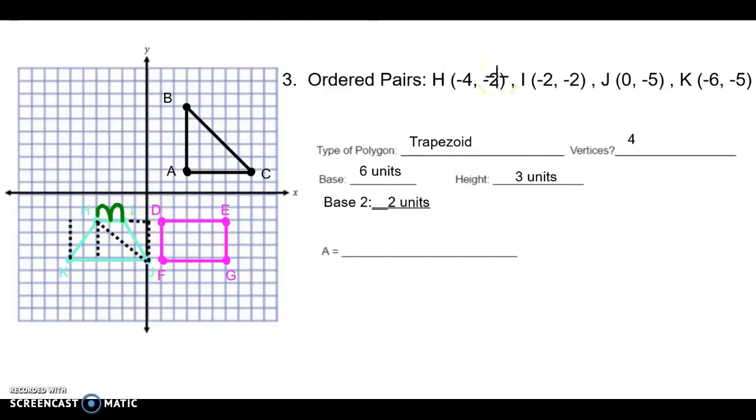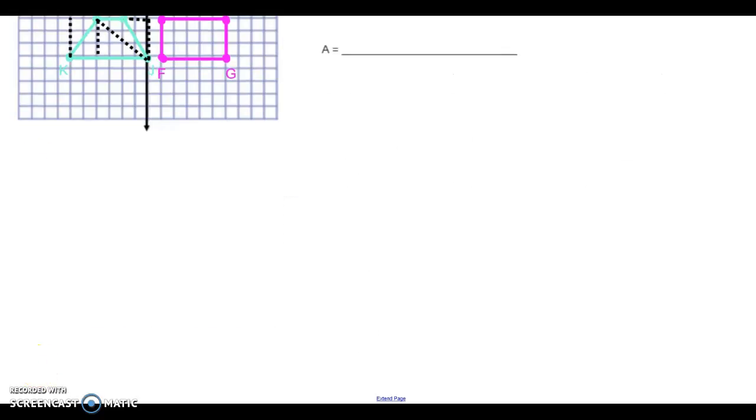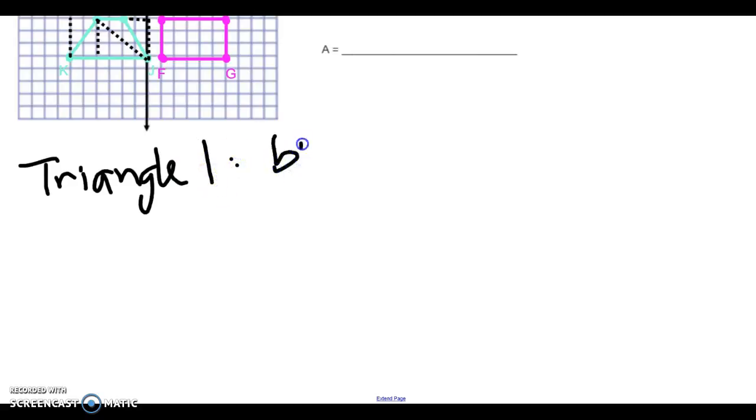Now that we know the base and height of both of our triangles, we can add those 2 triangles together to find our total area of the trapezoid. We know that base times height divided by 2 will get us the area of one triangle. So for triangle 1, we have base times height divided by 2, and we're going to substitute our base and height in.